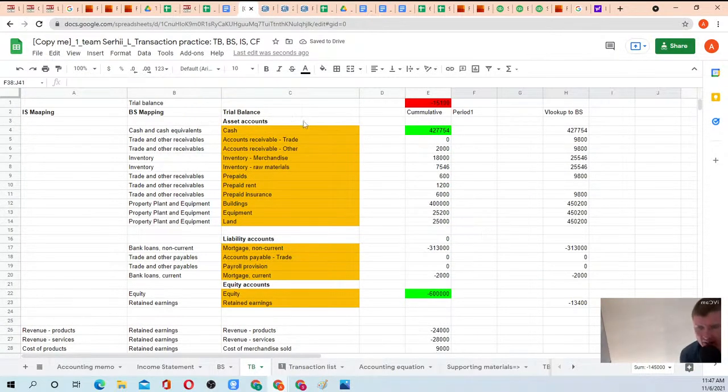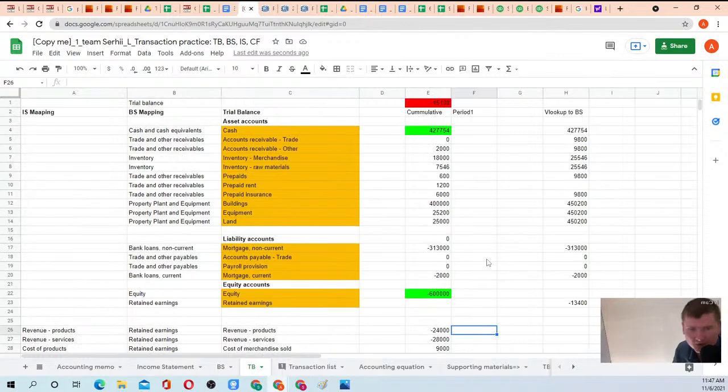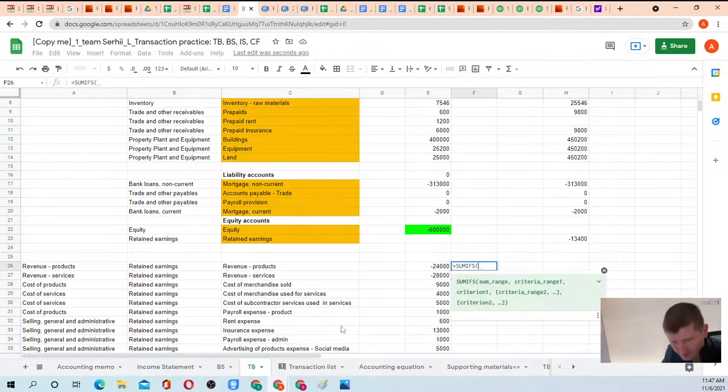So for the balance sheet, you need to sum if cumulatively, while for the income statement, you can sum if periodically. So we can use the SUMIFS function to do that.